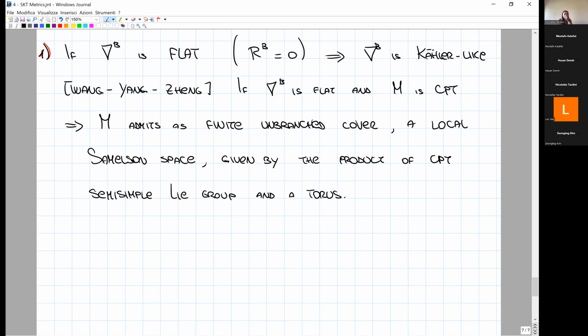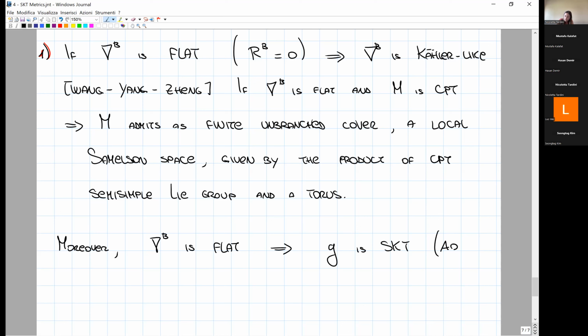So let's say compact Bismuth flat Hermitian manifolds are kind of known, okay? We have that they have this special structure, but moreover, when nabla B is flat, okay, so the curvature of the Bismuth connection is 0, then the metric G is SKT.